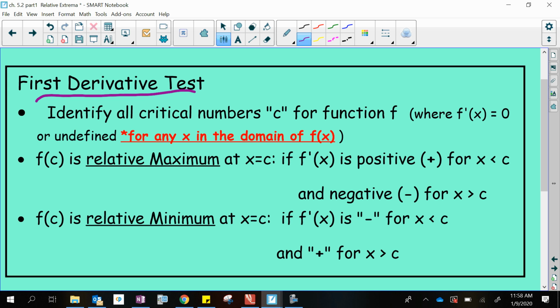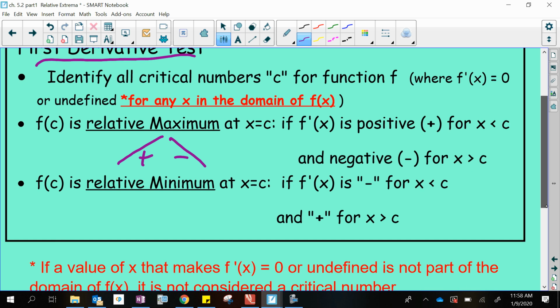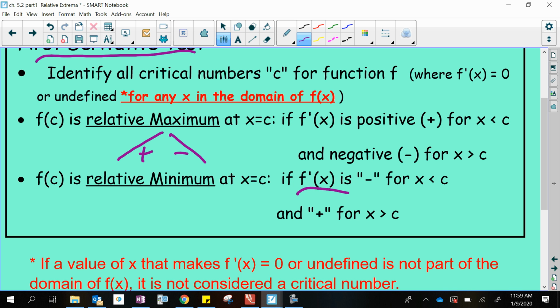Then f of c is a maximum if the derivative is positive less than c and negative greater than c. That just means it's a maximum if it's going up and then coming down, increasing and decreasing. The next bullet point says it's a min if the derivative is going down when it's less than c and going up when it's greater than c. Okay, that makes sense?